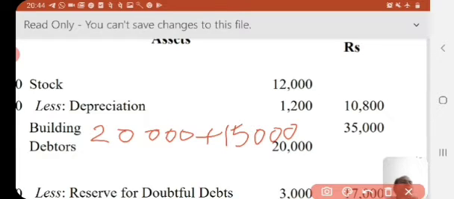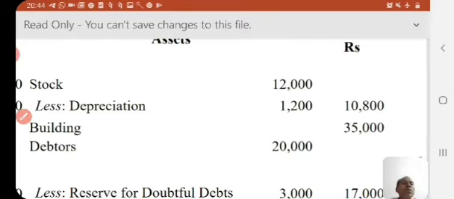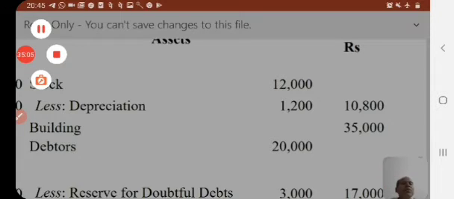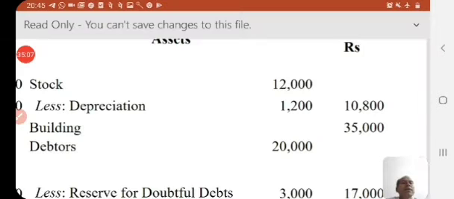With the appreciation, the value of the building is enhanced to 35,000.